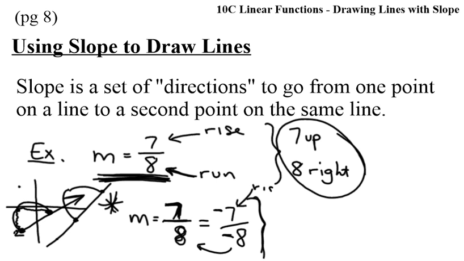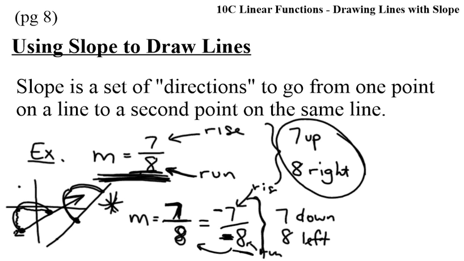Negative 7 rise would be 7 down. And negative 8 as my run would be 8 to the left because it's negative. Well, what would that do? Well, this second thing that I showed, again, if I started at this point, I could say it's 7 up, 8 to the right for 7 over 8.